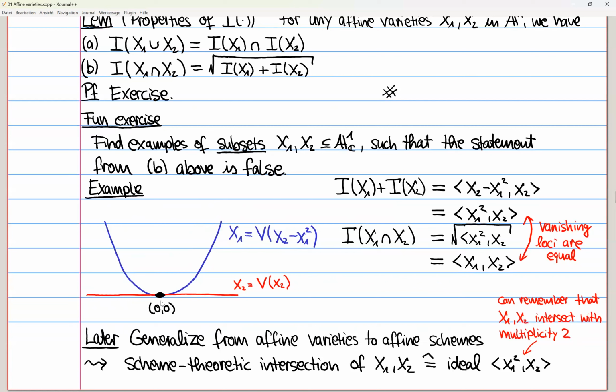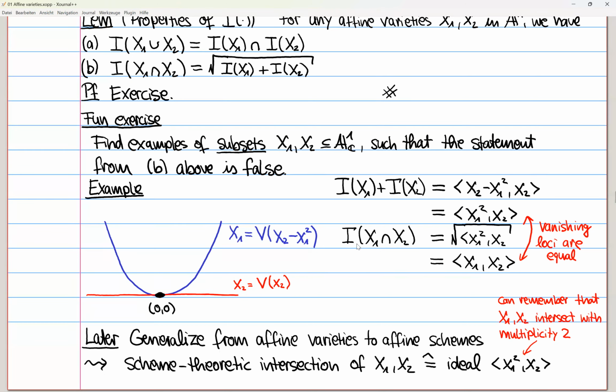We haven't really defined what this means, but intuitively, you could, for example, parameterize this line, and then plug this equation into this parameterization, and you get the polynomial x squared, which vanishes to order 2 here. Or you could see that the two curves share a tangent at this point. So there are different ways to see that these meet with some higher multiplicity at this point.